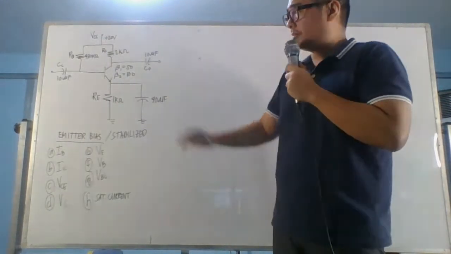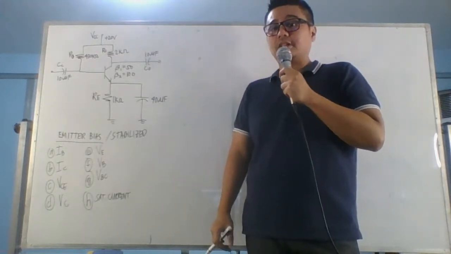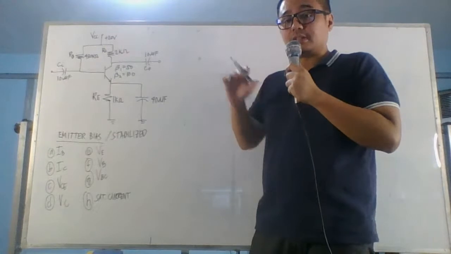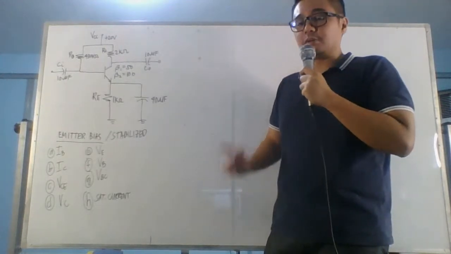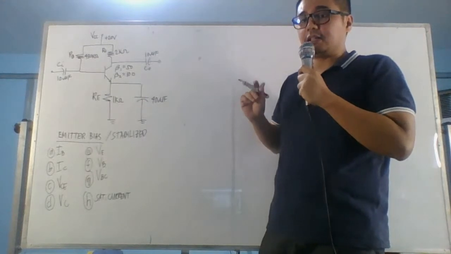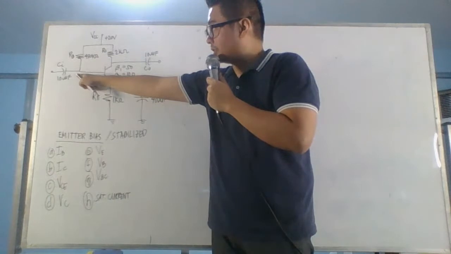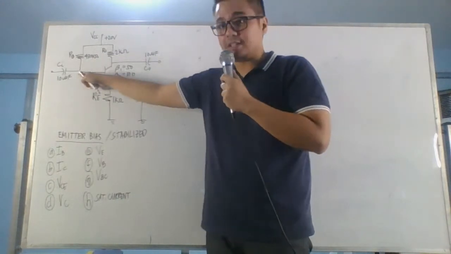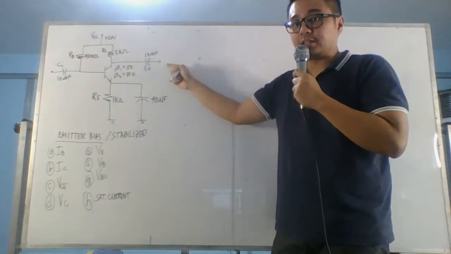In some circuits, medyo may kahawig ito sa ibang circuits, pero paano natin malalaman kung common emitter? Especially kung common collector, pamukha ito ng common collector circuit natin. Malalaman natin yan kung saan nakakonect yung ating coupling capacitors. Yung input coupling capacitor natin should be connected sa base, and then the output coupling capacitor should be connected sa collector.